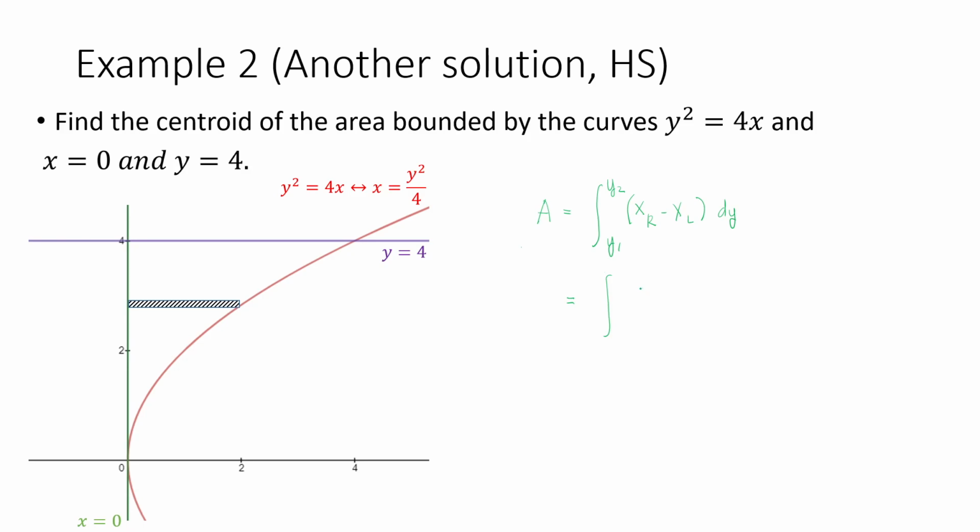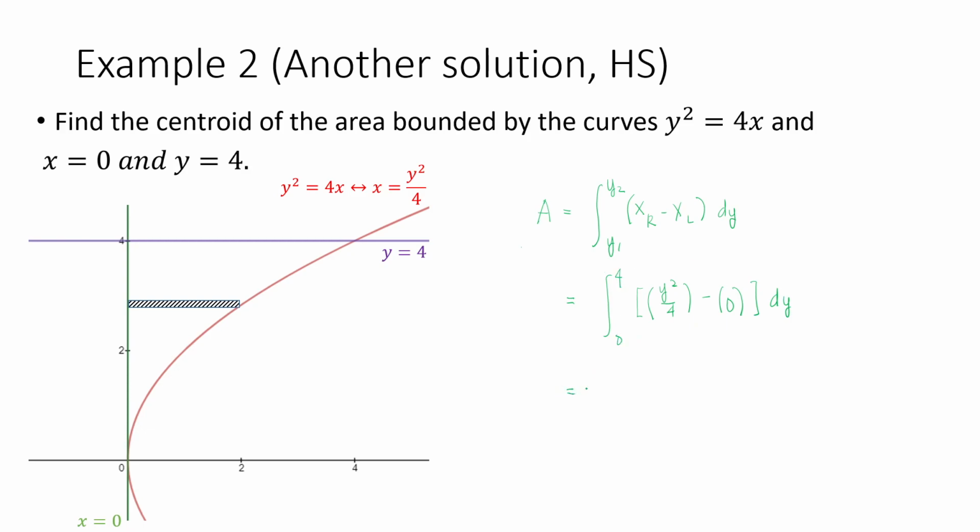Okay, so the first term on the right side is y squared over 4. And then the left term would be x equals 0. So it's just 0, right? And dy from 0 towards 4.